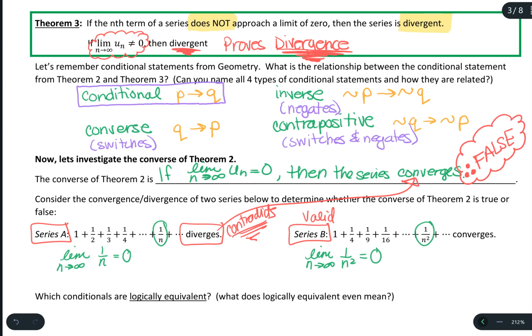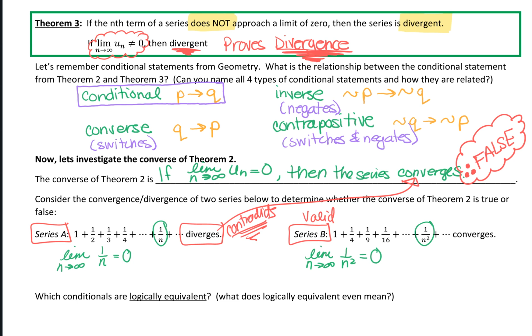This is so very important, because what I see happen very often is students are trying to use Theorem 3. Theorem 3 says if the limit of u sub n doesn't equal 0, it diverges. And then what they want to say is that the opposite is true: if it does equal 0, it must converge.